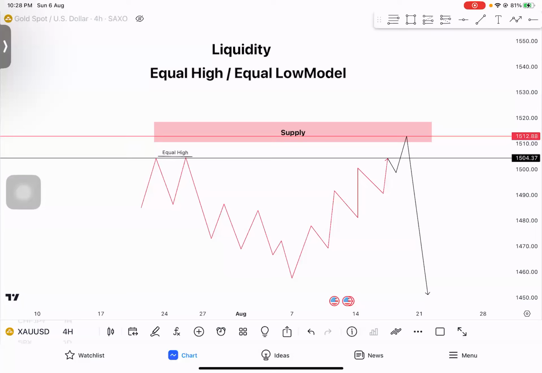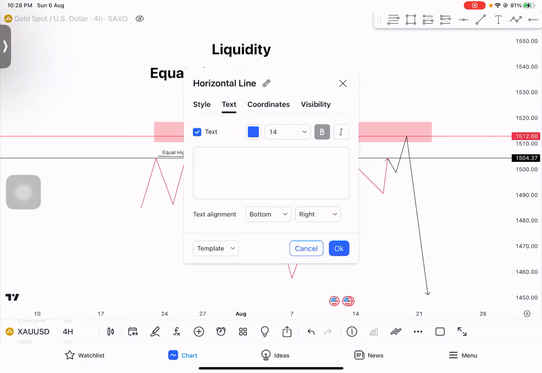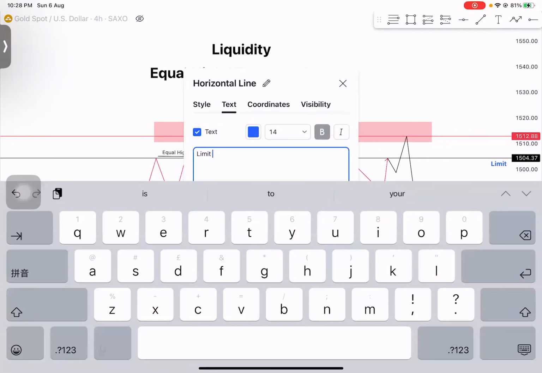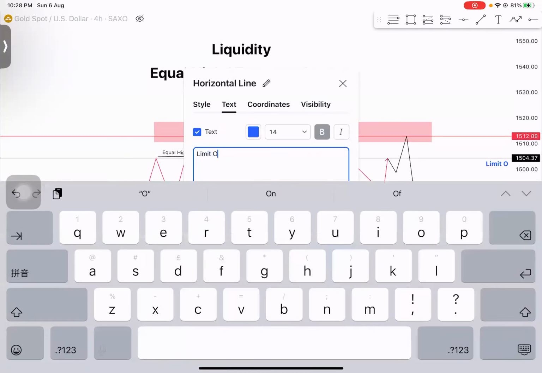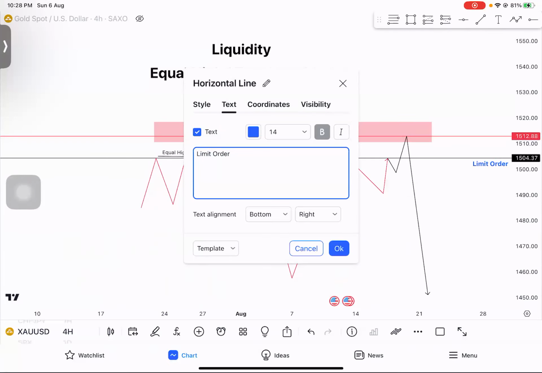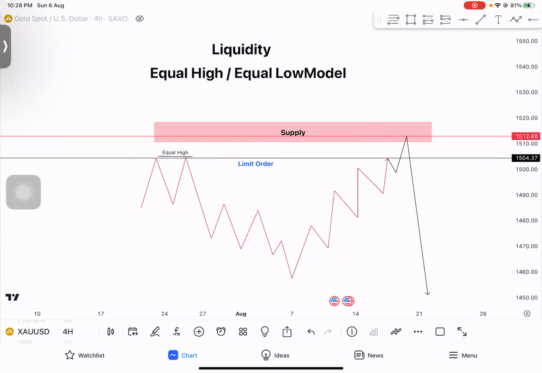This is the liquidity sweep. First one is their limit order, the sell limits, as the first liquidity.